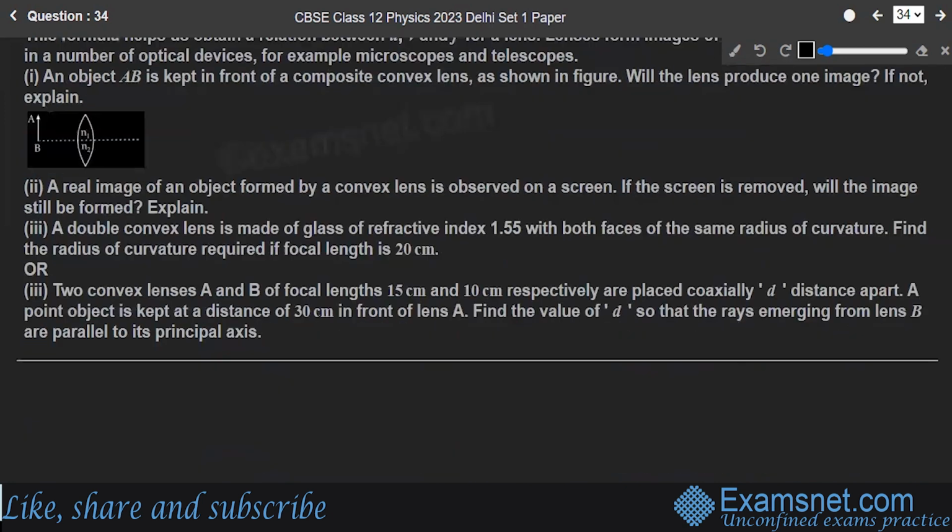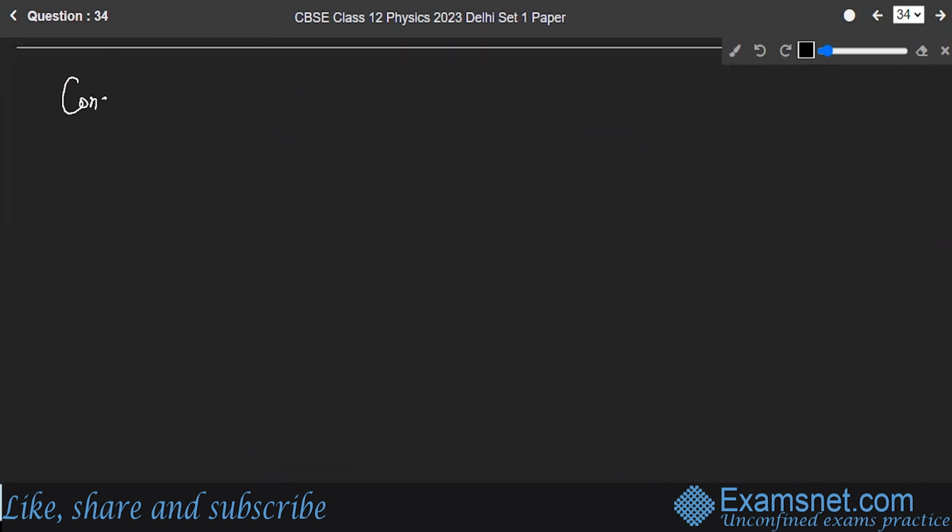All right. So see, the condition for the emergent beam to remain parallel after refraction through both the lenses, in terms of their foci, is that the foci of both lenses should coincide.